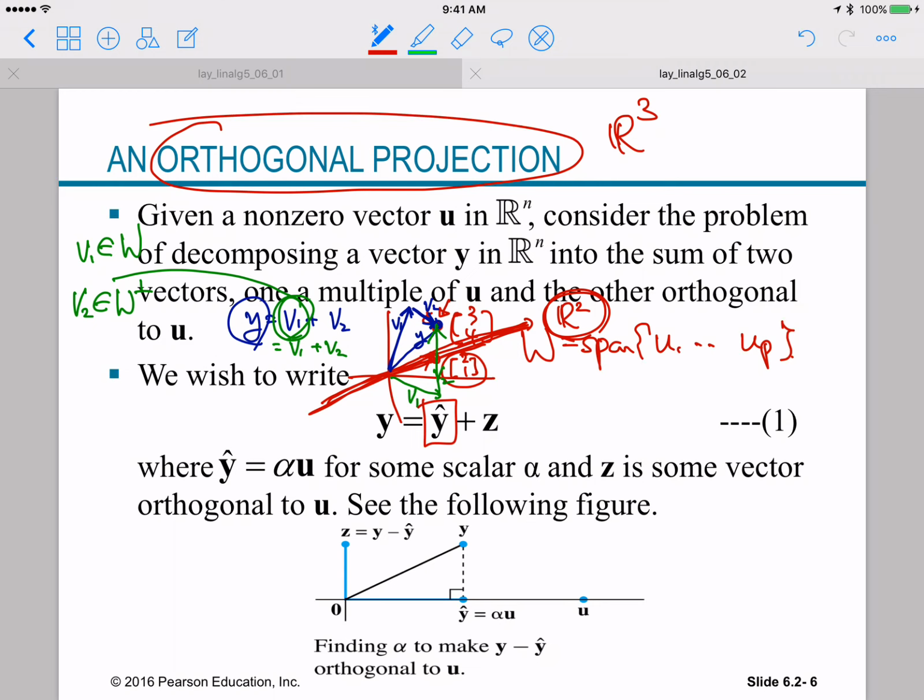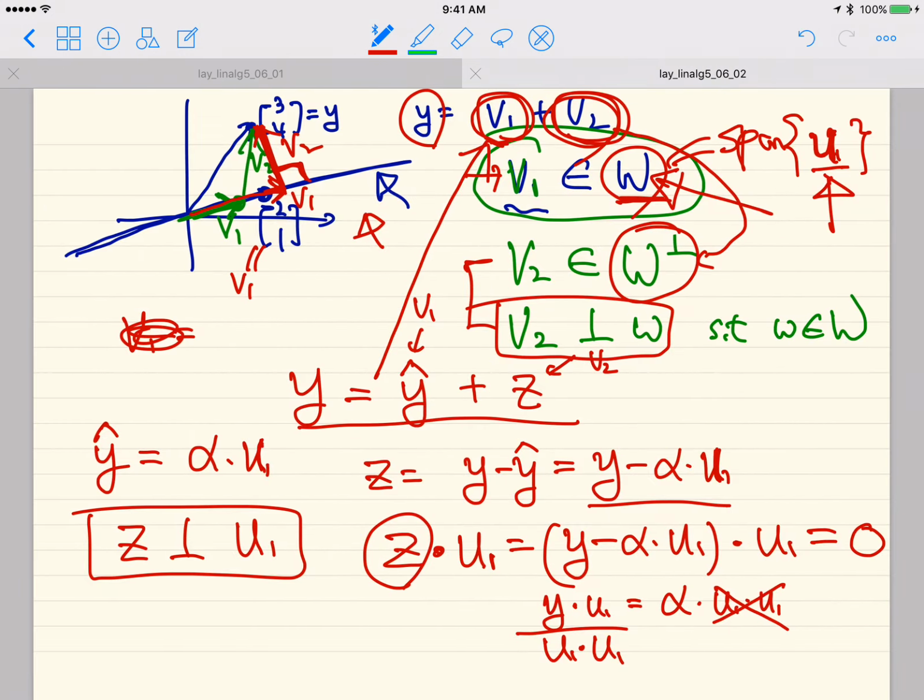In that case, this component can be obtained by using this linear combination coefficient for our basis vectors, and then this vector will become orthogonal to any vectors in your subspace.